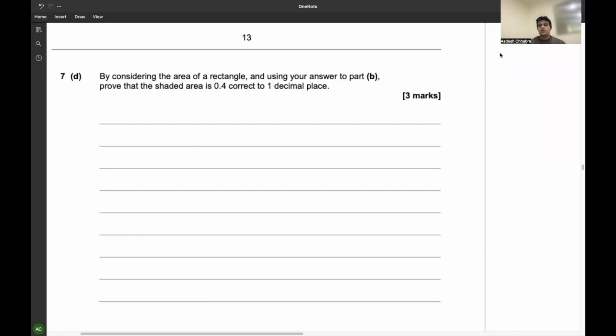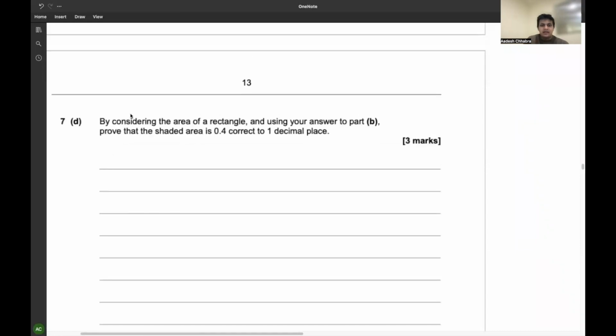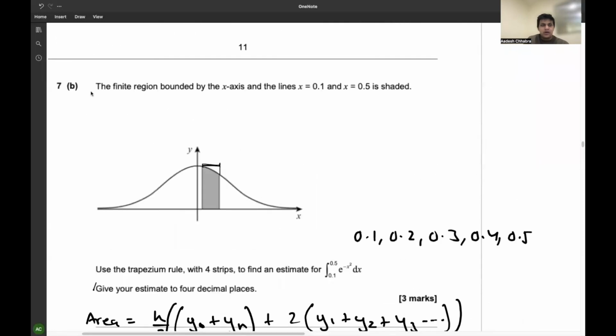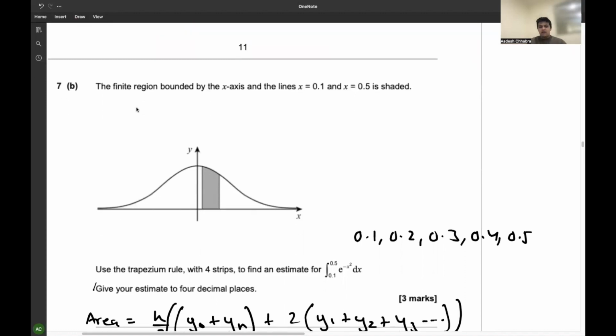So in question 7d, we've been asked to, by considering the area of a rectangle and using our answer in part B, prove that the shaded area is 0.4 correct to 1 decimal place. So we can go ahead and try and draw an area of rectangle. I've already drawn one. Essentially I took a rectangle which is the same height as the curve, and this obviously provides an overestimate.